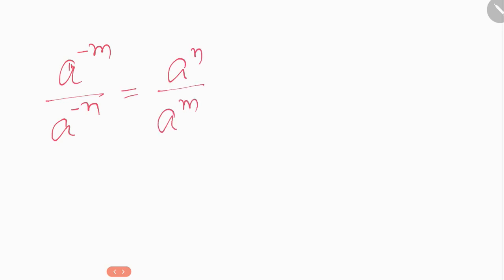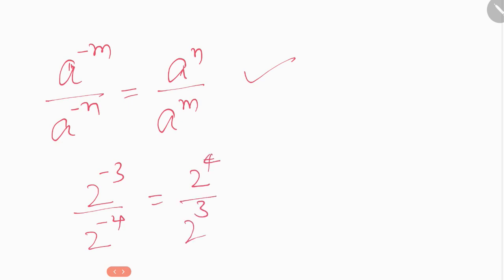Here we can observe easily that the negative signs disappeared. So this is one more law. For example, I can write 2 power minus 3 by 2 power minus 4 equal to 2 power 4 by 2 power 3. So simply we can write like this.